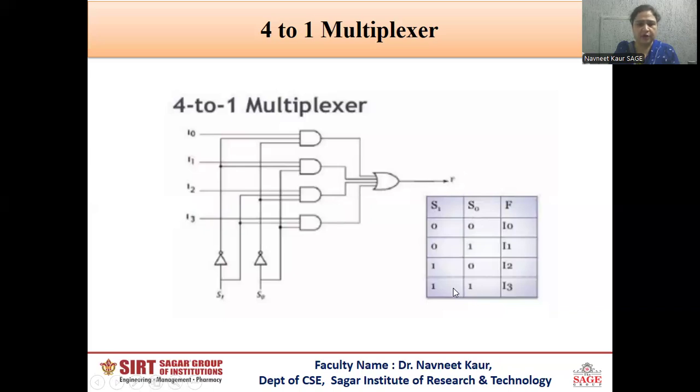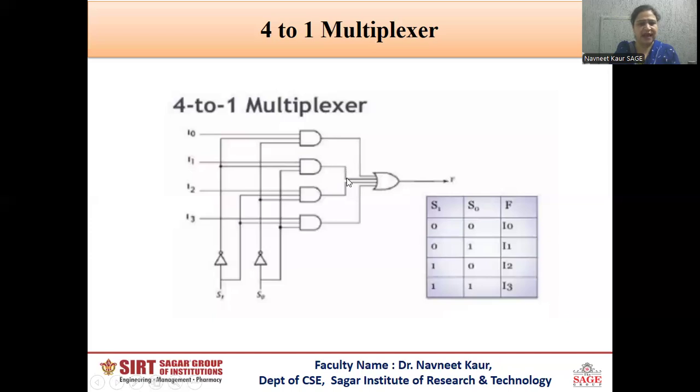Now, if any of the 4 combinations of S1 and S0 is selected, say, if I have the combination 0, 1 as S1, S0, in that case, only the output of the second AND gate will be defined, whereas the other AND gates' outputs will be 0.